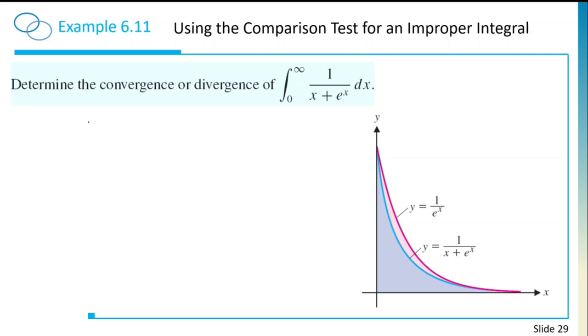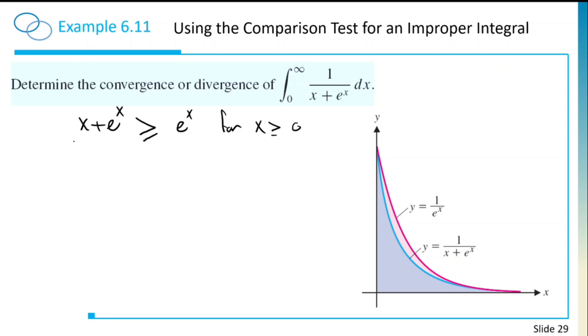So notice that in general, if I have x plus e to the power of x and I need to compare this with e to the power of x for a positive x, notice here x goes from 0 to infinity. So for x greater than or equal to 0, which one will be larger? E to the power of x is the same. If I'm adding a positive value, even greater than or equal to 0, then this is for sure greater than or equal to e to the power of x.